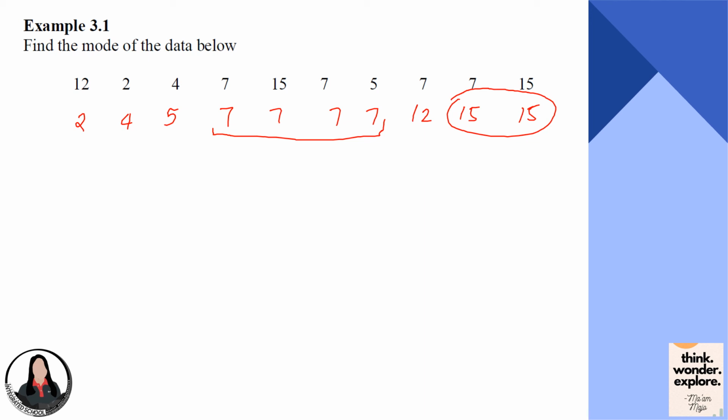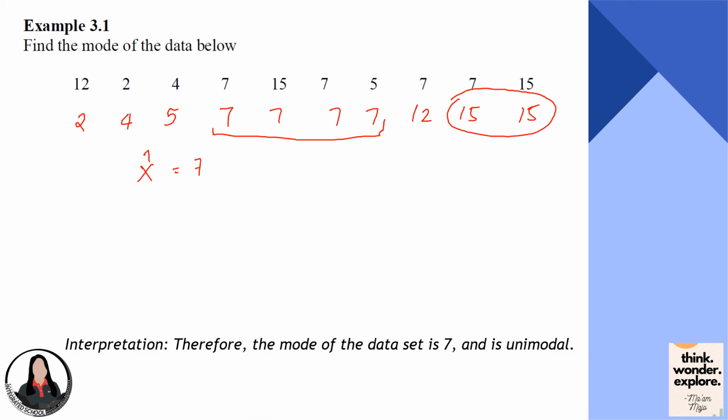So, therefore, the mode or the modal score is 7. And if we are to describe the distribution, that is unimodal since the mode is only 1, which is 7. Kapag dalawa naman yung mode, then that is considered as bimodal. At kapag naman 3 or more, that is polymodal.